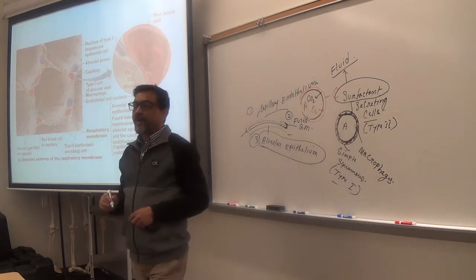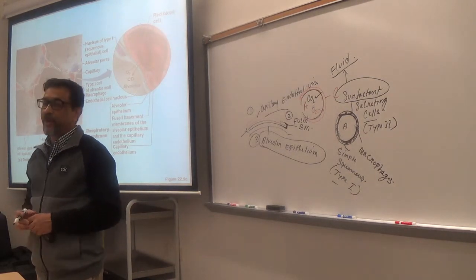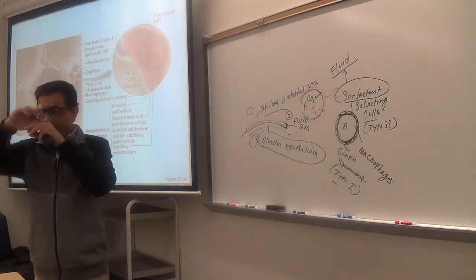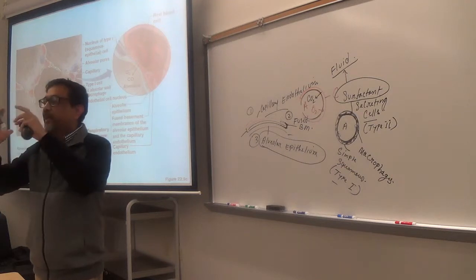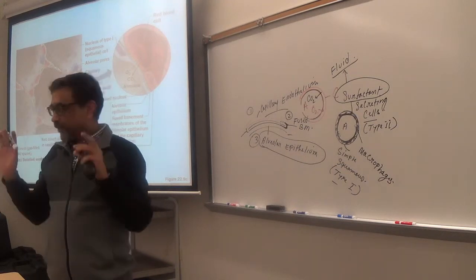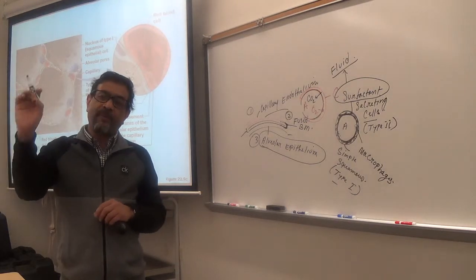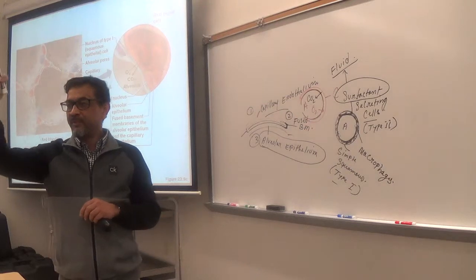So what does it do? It prevents the lung alveoli from collapse. So keep the alveoli open. Just know that it lines the inner surface of the alveoli, right? And helps to keep the alveoli what? Open. If surfactant is absent, alveoli will collapse. Okay?